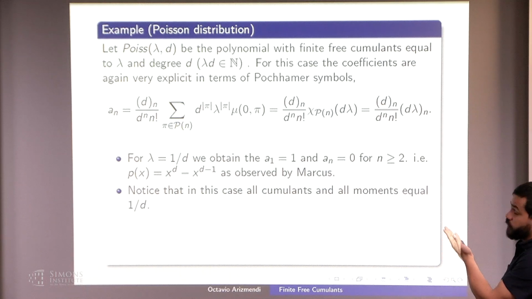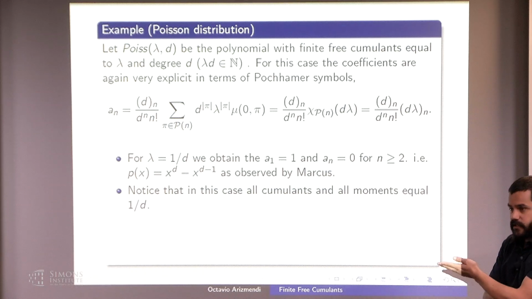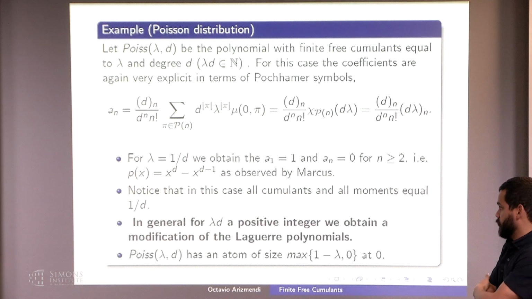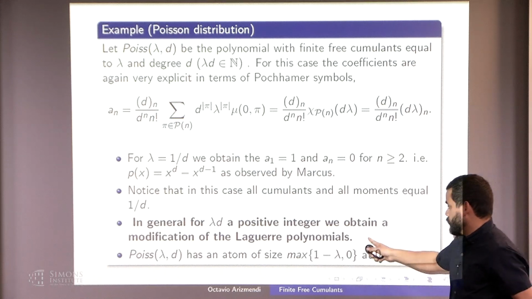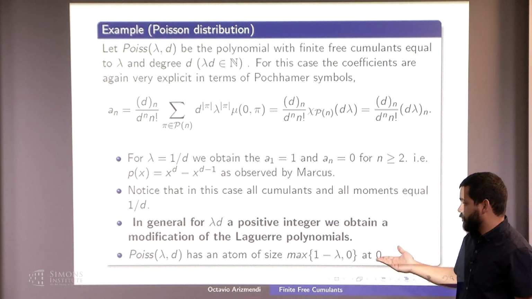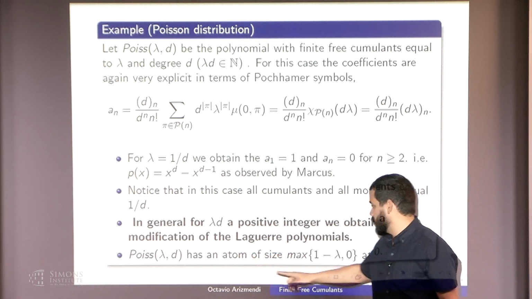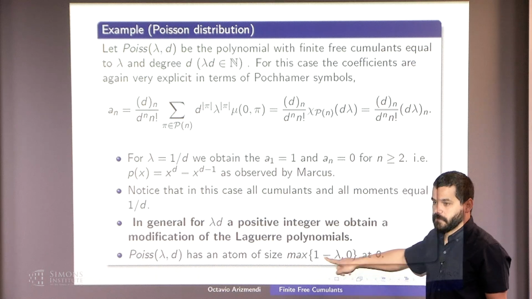So this means that the Poisson is not infinitely divisible, as it is in the free case and in the classical case. But other things are in accordance with free probability. For example, the atom of the Poisson lambda is exactly the same as in free probability.